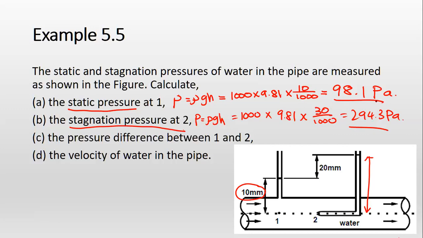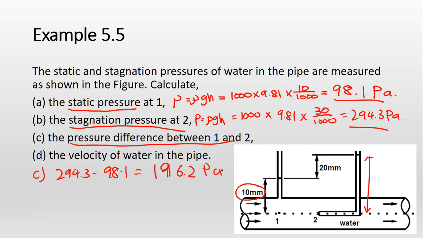Okay, so the difference between 1 and 2, for part C, will be 294.3 minus 98.1. Over here, you will get 196.2 Pascal. So what is this difference?